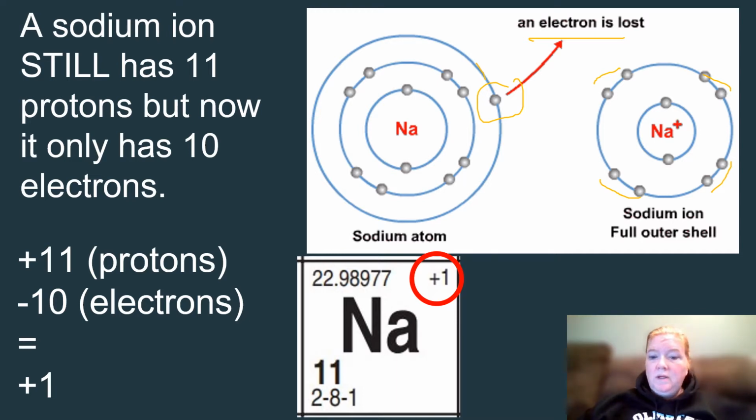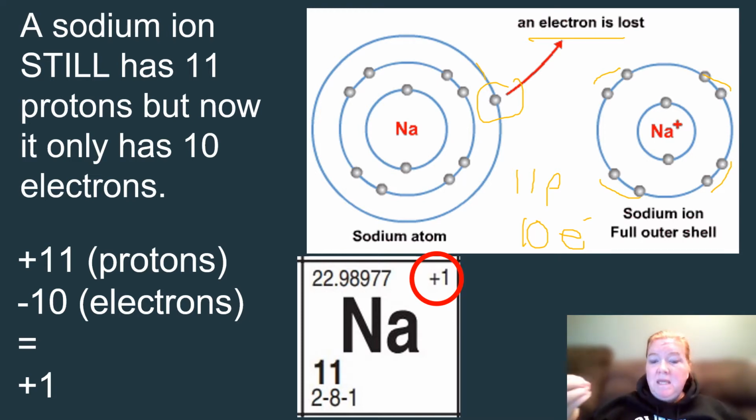So when we think about the charge, it still has those 11 protons in the nucleus, but now it does not have 11 electrons. It only has 10 electrons because it lost one. So if I have 11 positives and 10 negatives, I end up with a +1 charge. Now, if you look here on the periodic table, it tells you that. That's the oxidation state for sodium.